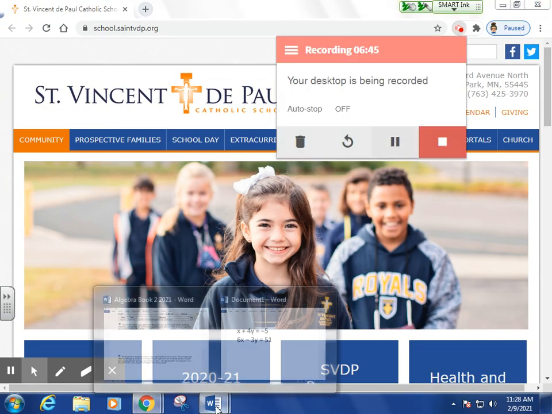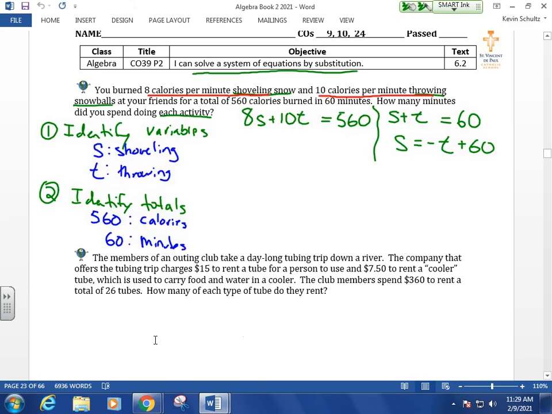All right, so we said that we're going to isolate the s variable by moving the t over by subtracting it from both sides. So negative t plus 60 is what's going to be plugged in for s in the other equation. And like we've seen with other examples, including the warm-up one today, once you get to this step, it's what? Distribute, combine, two-step equations to solve.